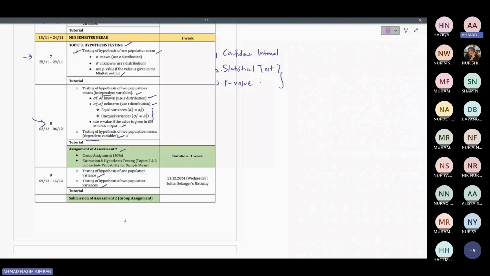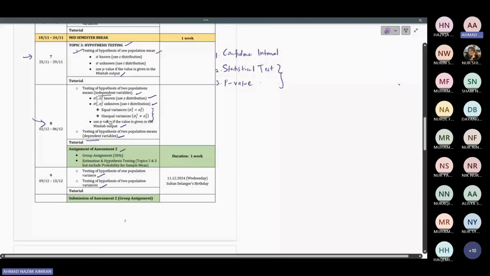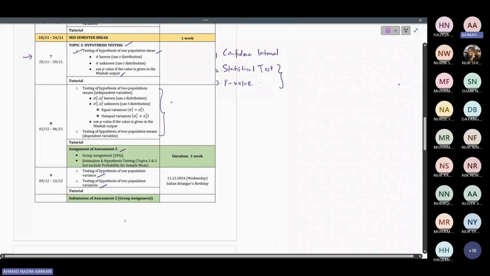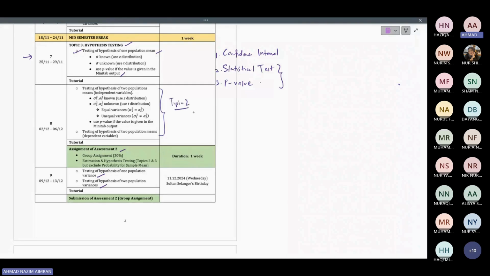Okay, so again, as you can see here, the subtopics in this chapter, in week 8, are actually the same as in topic 2. It is just that in topic 2, we discussed how to calculate the confidence interval for all of these cases.